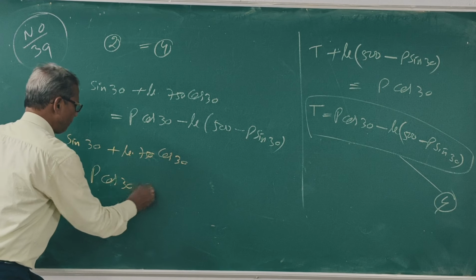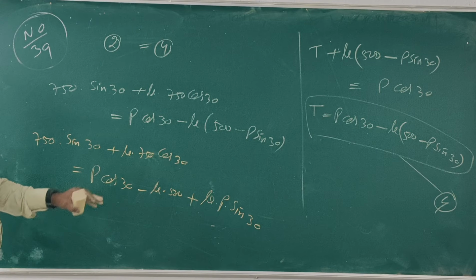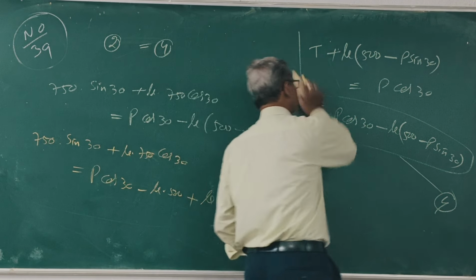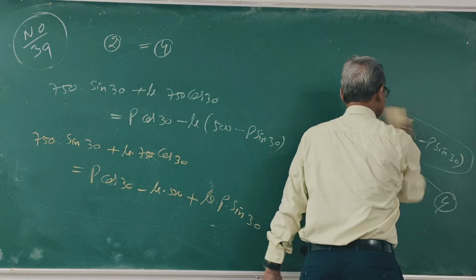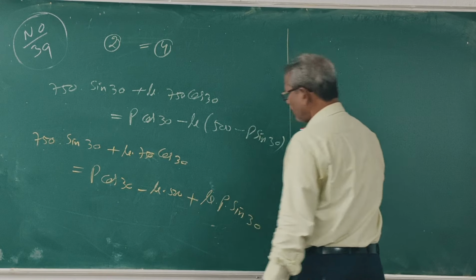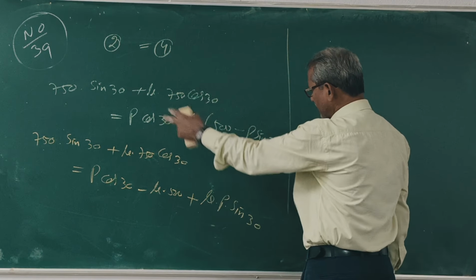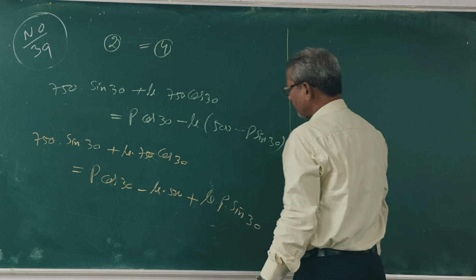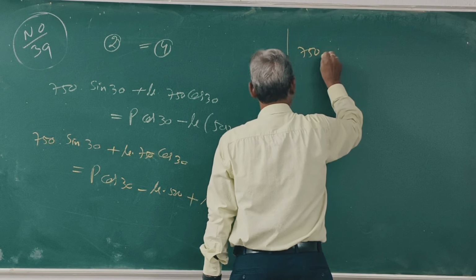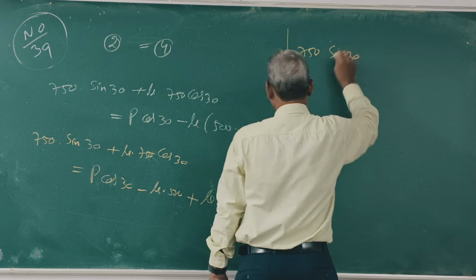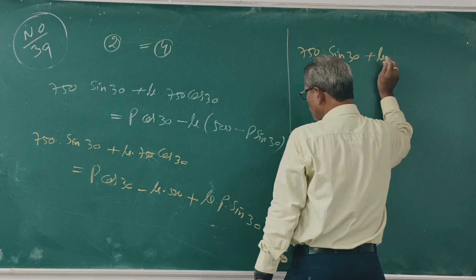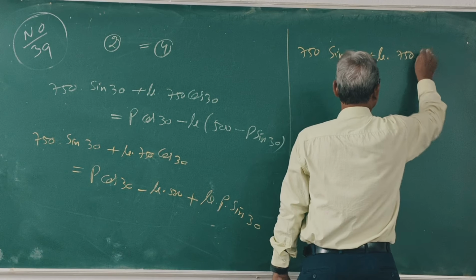Make P one side and other forces other side. Now bring that mu into 500 that side. 750 sin 30 plus mu into 750 cos 30. Clear?